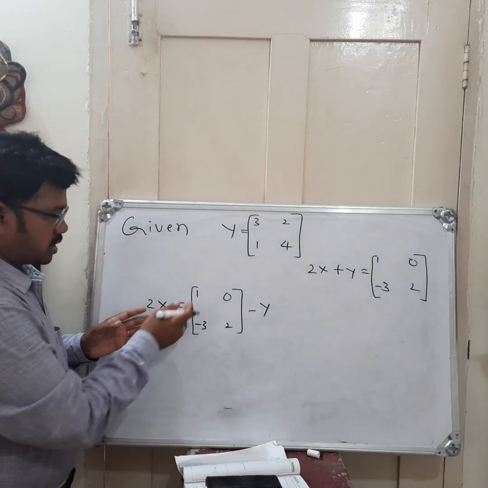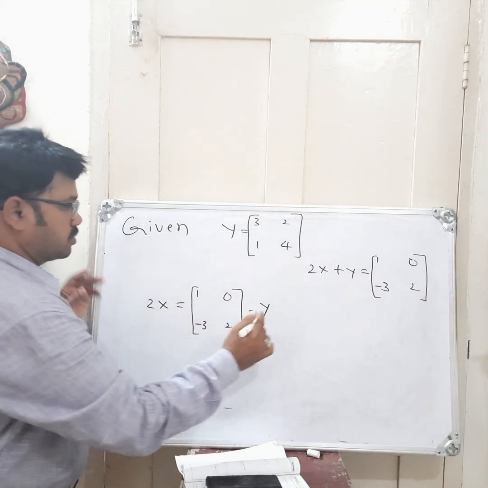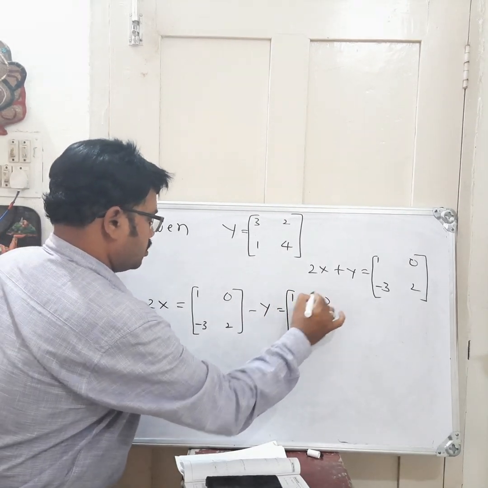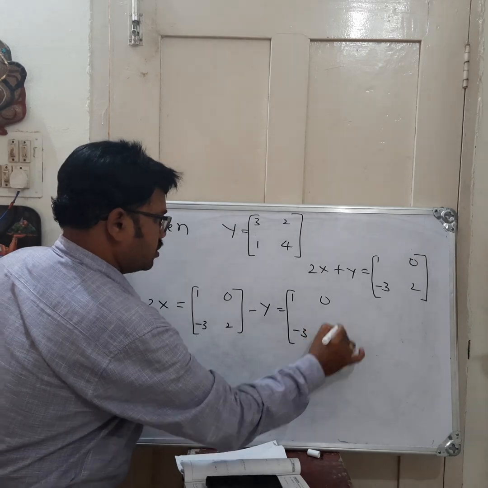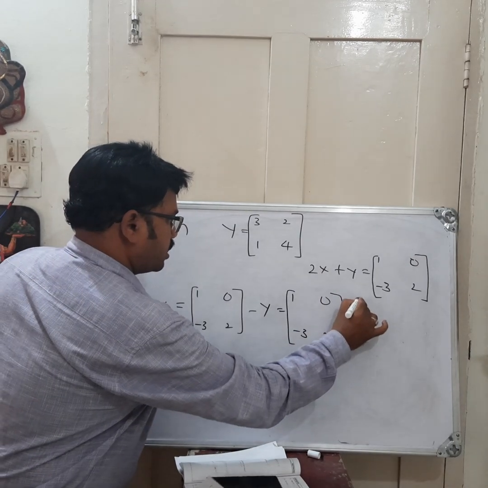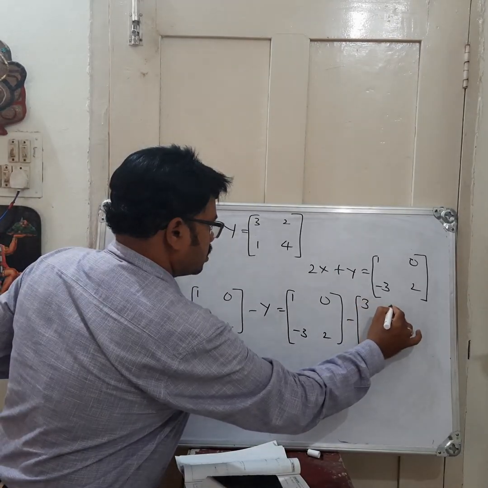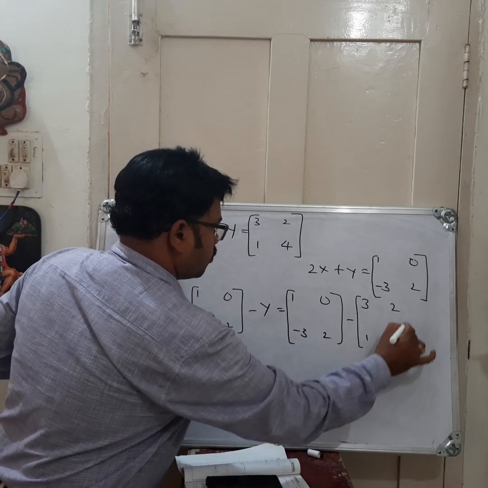See here, this 2X equal to 1, 0, minus 3, 2 minus Y matrix, which is given here as 3, 2, 1, 4.